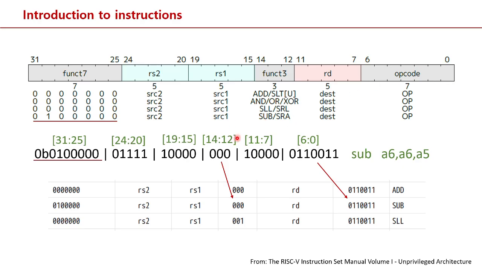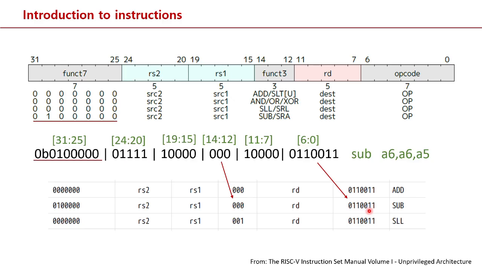The binary value we have converted is 0, 1, 1, 0, 0, 1, 1. This is the opcode. This binary value can be identified with this information, 0, 1, 1, 0, 0, 1, 1.